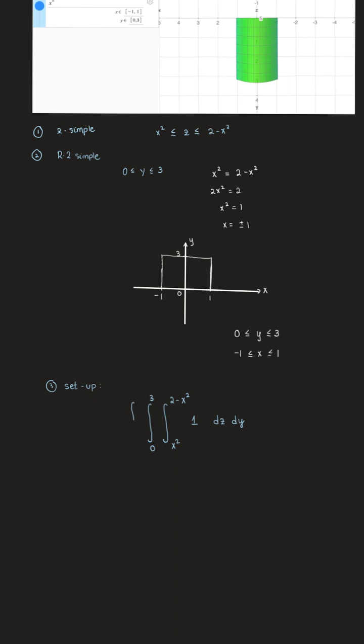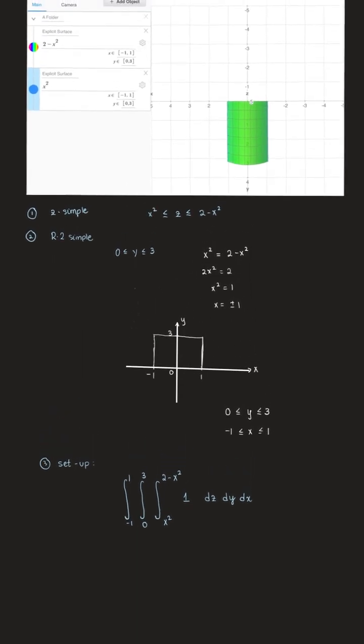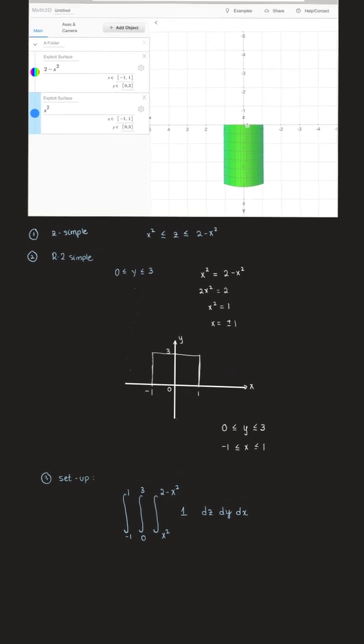And then our outer integral, x goes from -1 to 1, and then we have a dx as our differential. And that is our setup when we went z simple. I mentioned that we could also go y simple, and we definitely could, and I'm going to maybe do that in my next video.